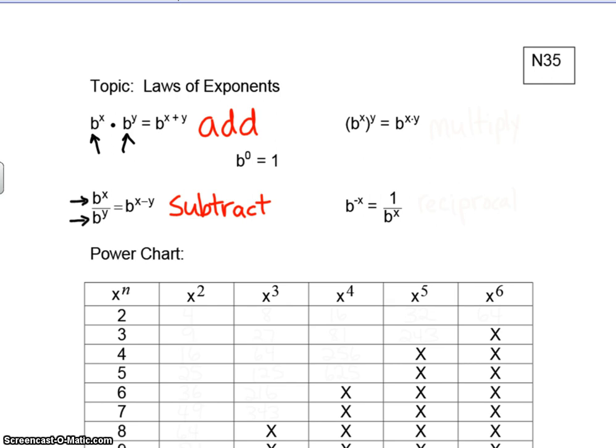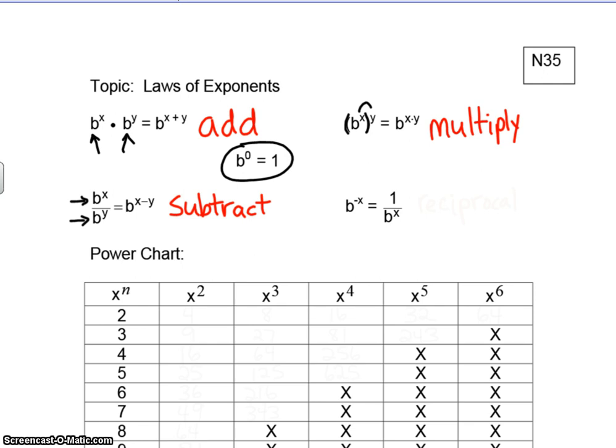On this example here in the middle, any number raised to the 0 power is 1. And then if you have a base to an exponent raised to another exponent, the law of exponents says to use your base and multiply the two exponents.